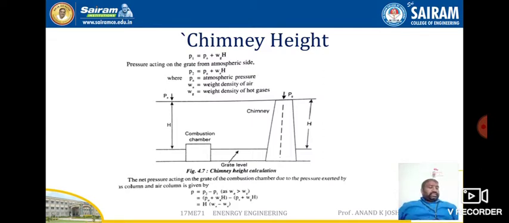So we consider (PA + WA·H) - (PA + WG·H). Taking H common, we get H(WA - WG).